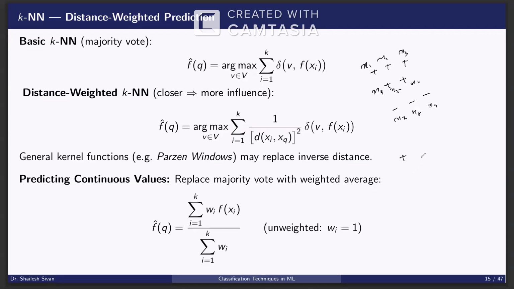And I have to check with plus, not x1. It should be the label of x1. Then only it is plus. F is actually mapping each observation into its corresponding class.